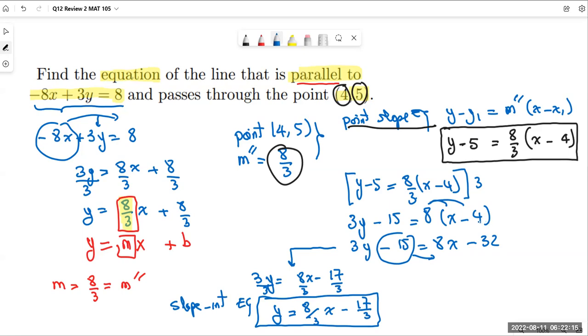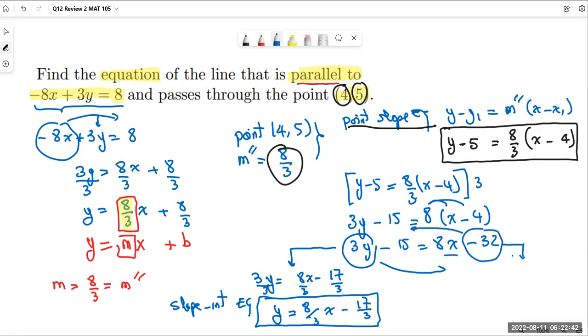The other way is you want to group the x's together. You want to get to the standard form, right? So what is the standard form? Standard form is to group the x's and the y's and put them together, and the constant put on the other side. Because the x is positive here, I'm going to take the y's and move them to this side, and I take the minus 32 and move it to this side.